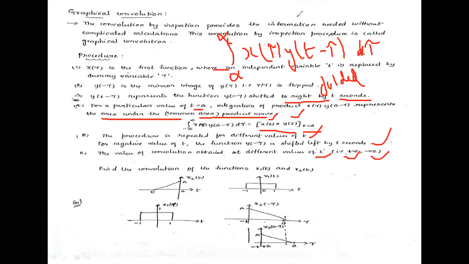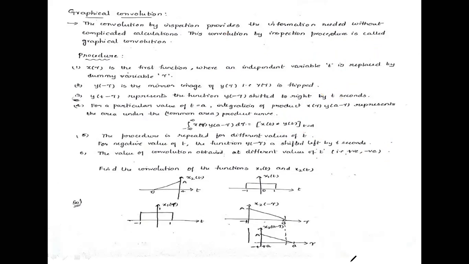The example given here: x2 of t and x1 of t. The convolution of functions x1 and x2 of t. I am taking x1 of tau.